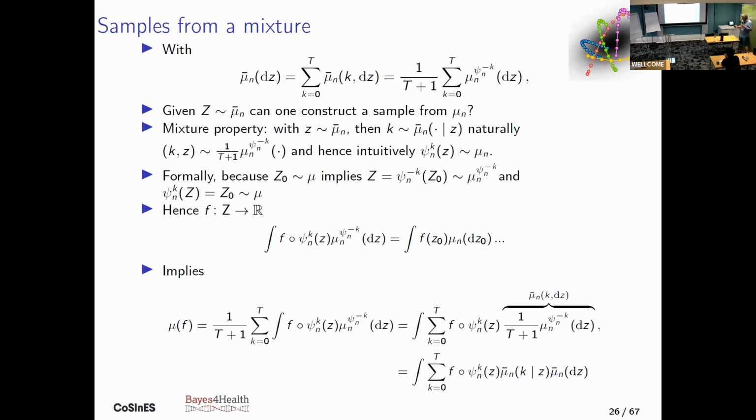If you do a bit of calculations, an expectation of a function f, you can always write it as an expectation of samples according to mu bar n. And here you use the conditional distributions of the labels in your mixture model, and you apply them to psi nk of z, right? So this tells me if I sample from this, then I can use all the samples along my snippet to compute the expectation I was actually interested in, right?